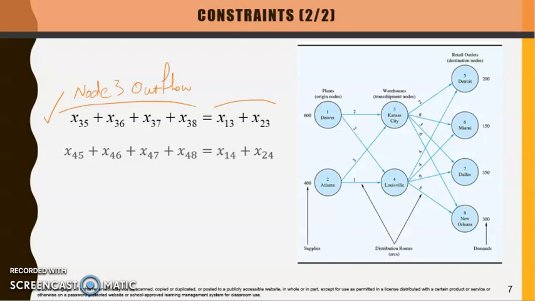And here we have x13 and x23. So they are inflow to node 3, node 3 inflow. These two things must be equal. And it is the constraint regarding the transshipment nodes.